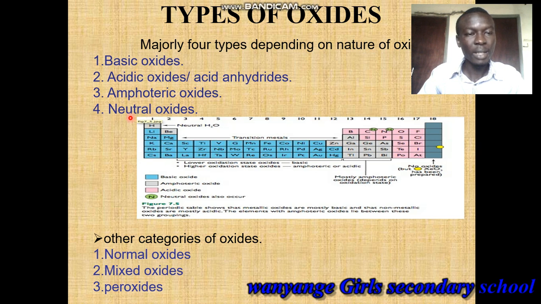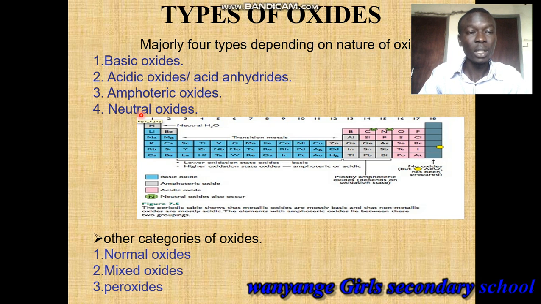Neutral oxides are oxides of non-metals, but they do not behave like acids, and they also do not behave like bases. They are totally different from acids and bases, so they are neutral. They don't have any effect on litmus paper. Examples include water, which is an oxide of hydrogen, nitrogen monoxide and carbon monoxide.